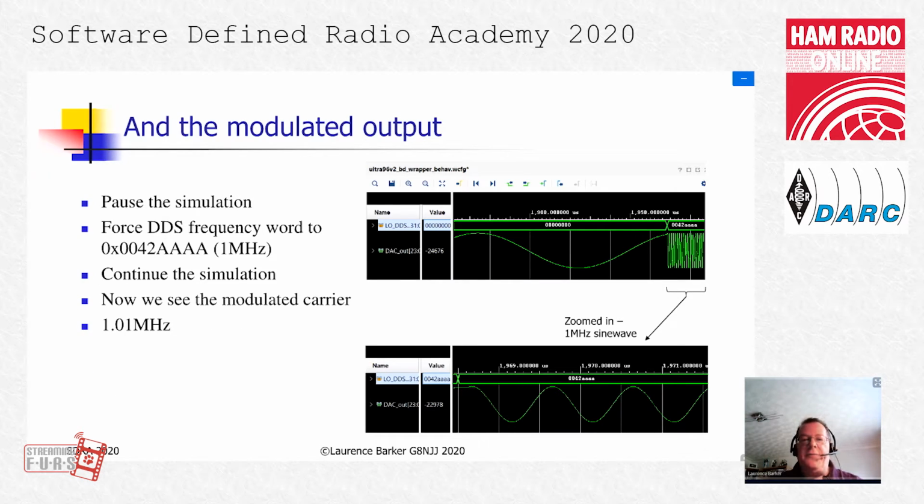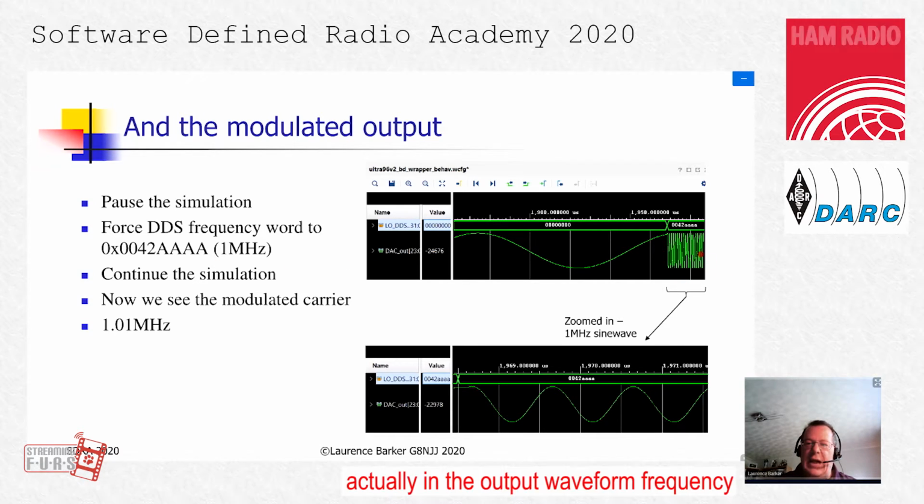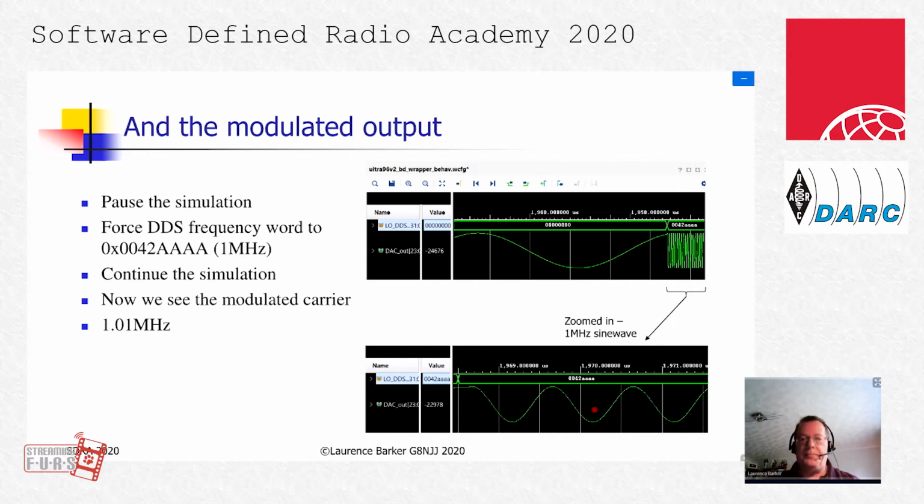To see the effect of the local oscillator, if you pause the simulation, change the DDS input word using the force constant to that value there, and then continue the simulation, you'll see that all of a sudden the output sample rate is hugely bigger. And if you zoom in on that, there's a little zoom in button up here, you'll find that we've got the sine wave that you expect, which is now very slightly more than 1 megahertz, 1.01 megahertz.